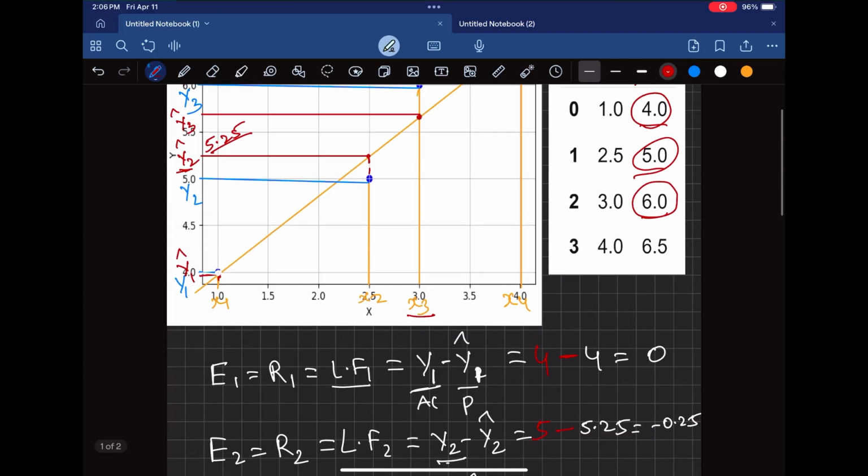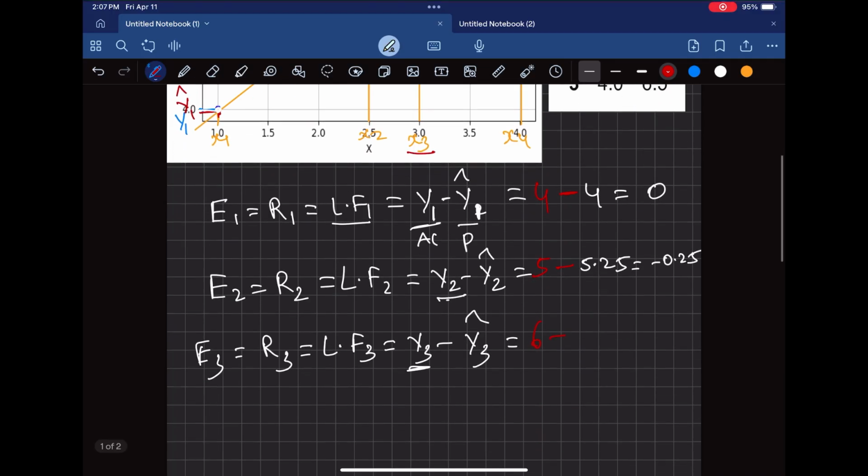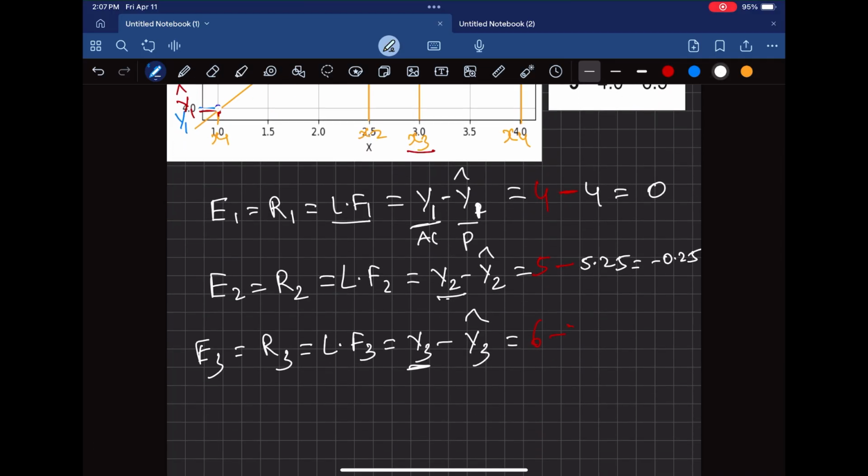It is between 5.5 and 6, so I'll write that this is y3 and this is y3 hat. It's going to be 5.75, so y3 hat is 5.75, and if you do the subtraction, it's 0.25.